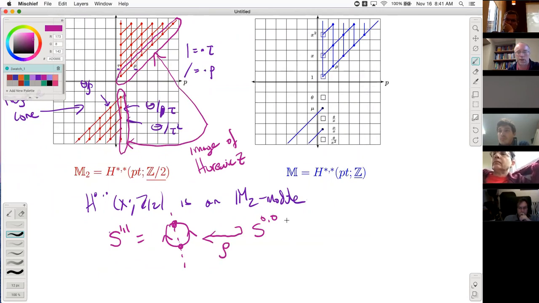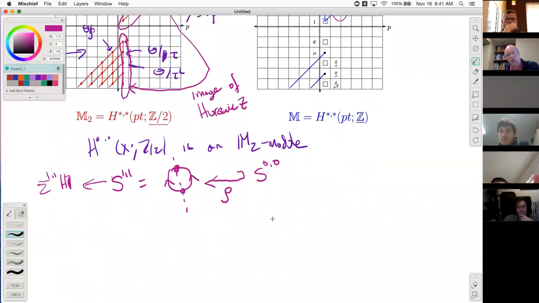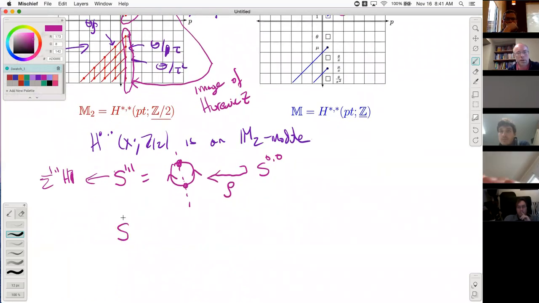Okay, so that's an interesting map on the homotopy groups of spheres. And when you compose with the Hurewicz map going into Sigma^{1,1} of H, then you get this rho here. For theta, you start out with S^{2,2}, which is a sphere with the rotation action.